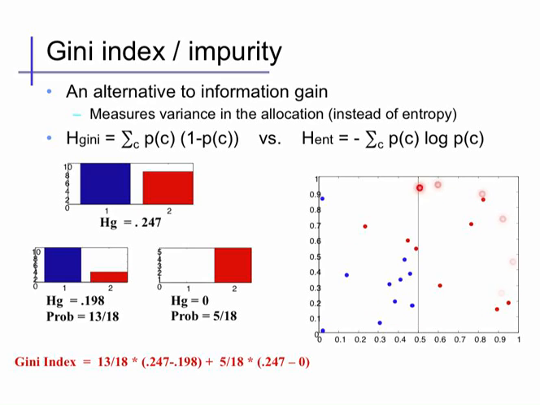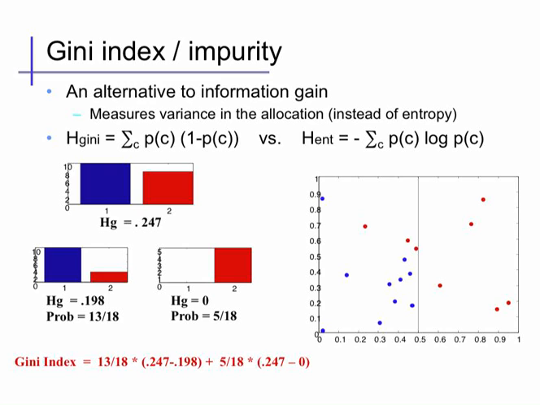If you take the entire selection of data here, 8 red points and 10 blue points, you can calculate the Gini impurity as being 0.247. And then in the left-hand split where we have 10 blue and 3 red, you'll find that the Gini impurity is 0.198. The right-hand side that's all red, you find that the Gini impurity is 0 again.